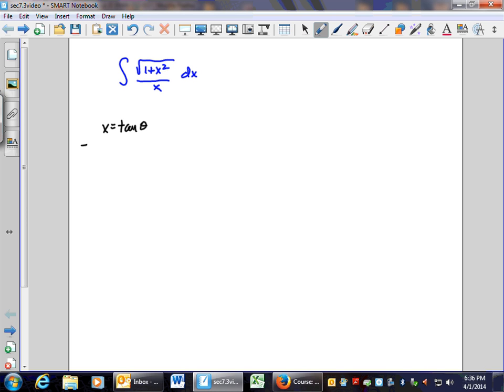And remember, when we're substituting, whether it's a trig integral or any other kind of integral, we always want to follow that up with the derivative. The derivative of the tan is the secant squared of theta. Okay, and also, because this is an indefinite integral, I'm going to draw a triangle. It's not a very good looking triangle at all.